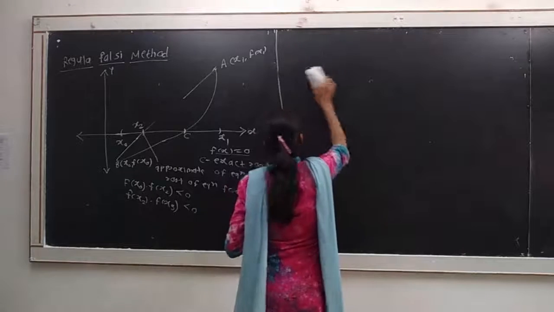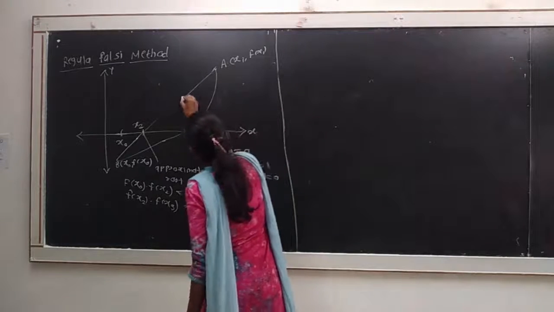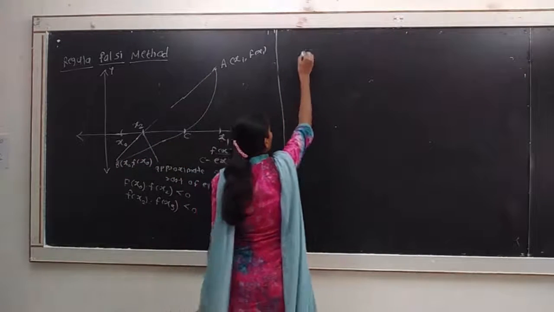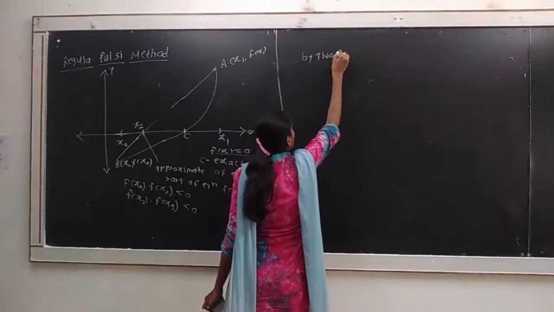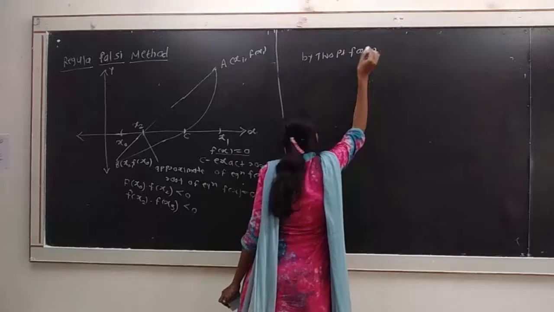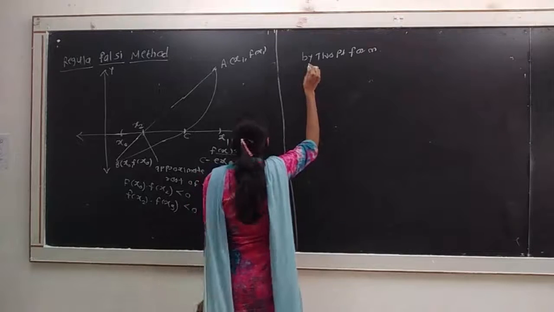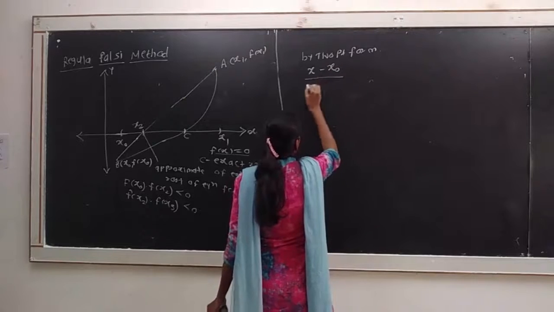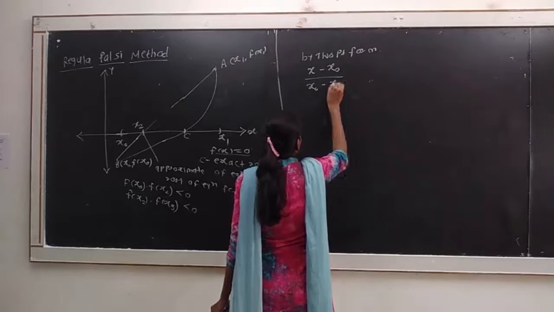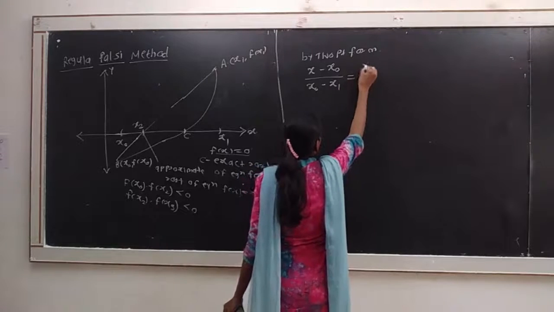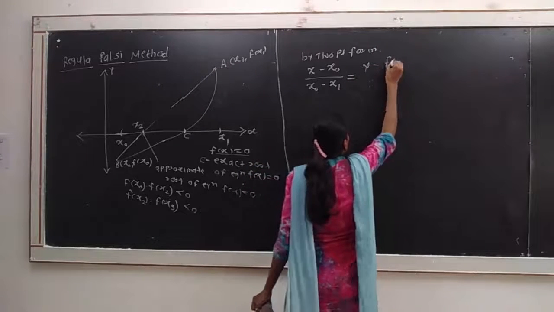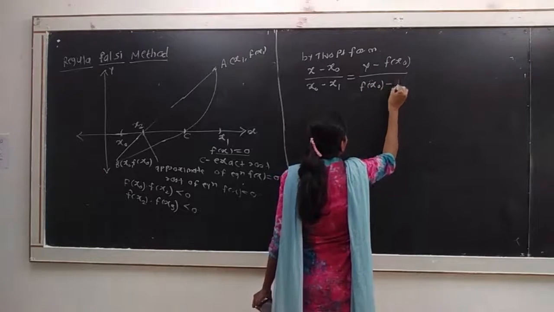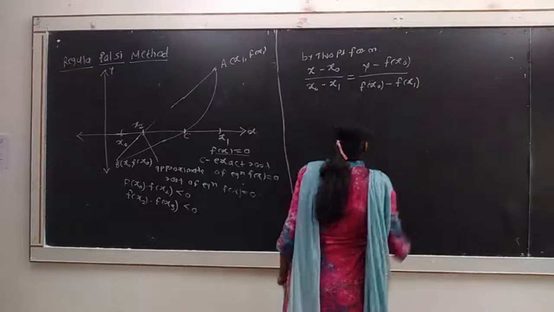For that, we find the two-point form for the points A and B. The two-point form is x minus x0 divided by x0 minus x1 is equal to y minus f of x0 divided by f of x0 minus f of x1.